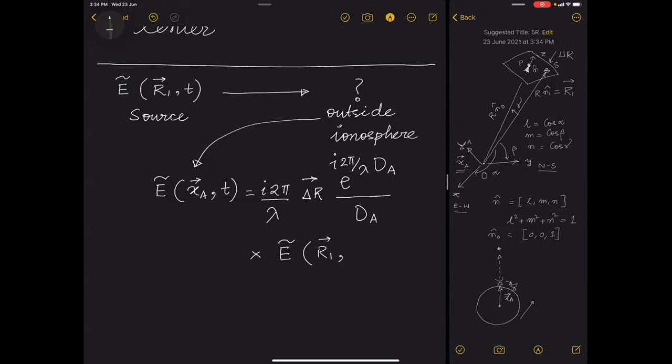But you see, the electric field has traveled a distance dA. So if I measure it at t, that electric field should have originated earlier, at this time. And let me write what dA is. dA is just the distance from R1 to XA, this distance.